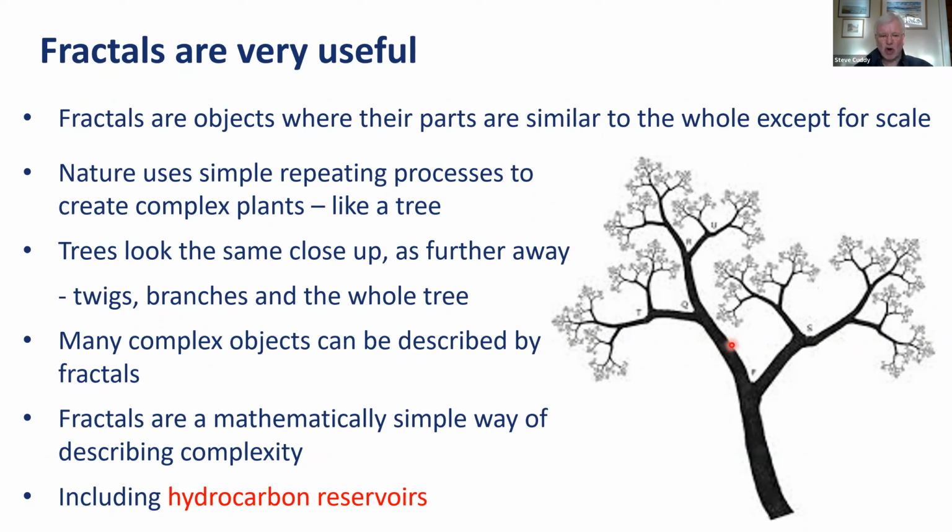But as you're moving closer, you see that the branches are the same shape as the overall tree. And the smaller branches are the same, all the way down to the twigs themselves. And there is a reason in nature I could go into why it is that way. So fractals are a mathematically simple way of describing complexity. And where do we see complexity? In reservoir models. So fractals, I'll show you, are very useful.